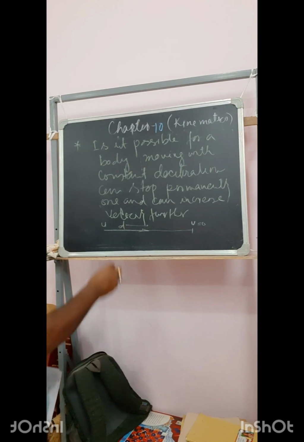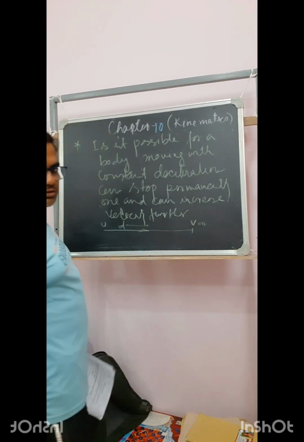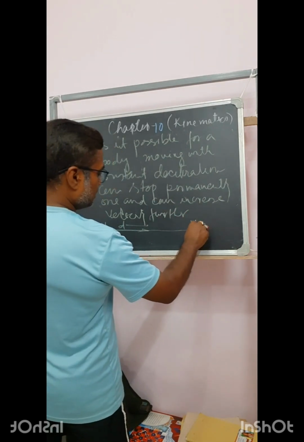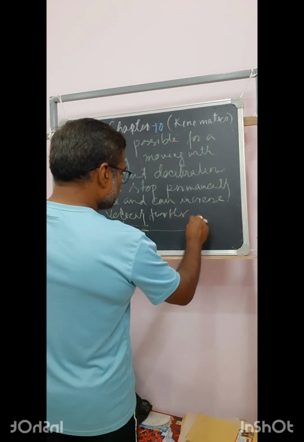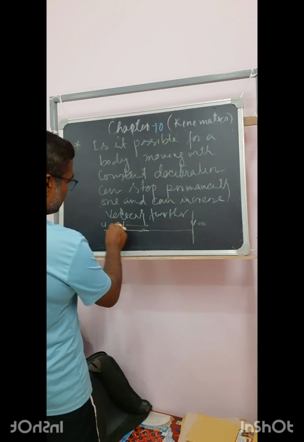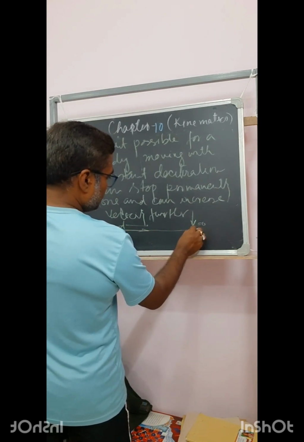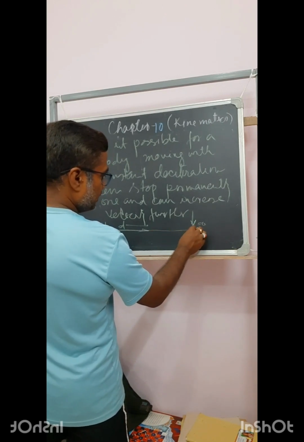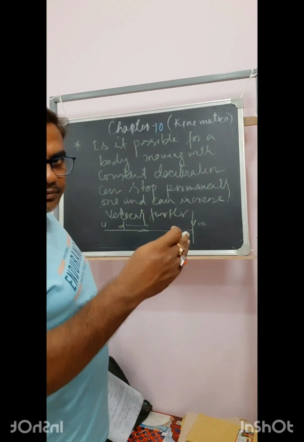Definitely yes, because if something is reducing, somewhere it will reach zero velocity. But how can it increase its velocity further? So if you say there is a hindrance, it is constantly reducing, and when it hits, it instantaneously stops itself.